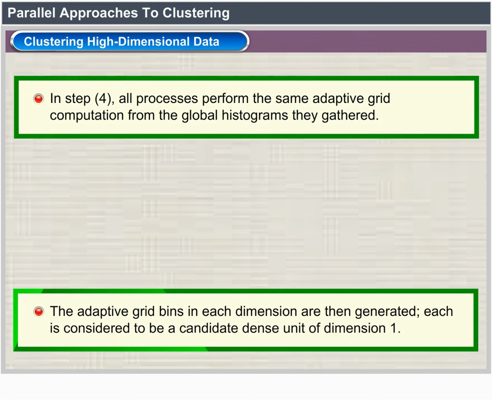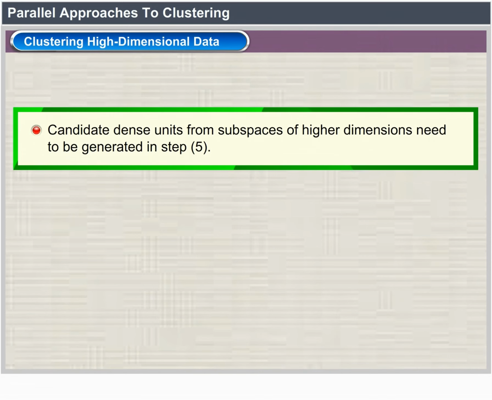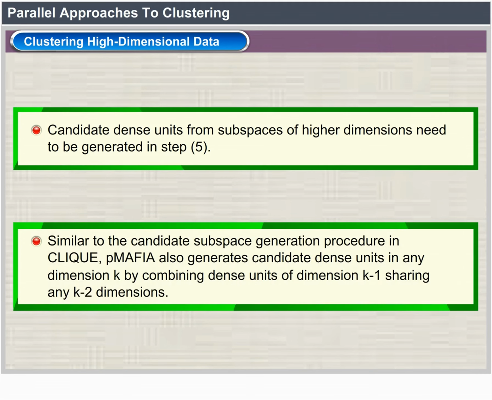Candidate dense units from subspaces of higher dimensions need to be generated in step 5. Similar to the candidate subspace generation procedure in CLIQUE, pMAFIA generates candidate dense units in any dimension k by combining dense units of dimension k-1 such that they share any k-2 dimensions.